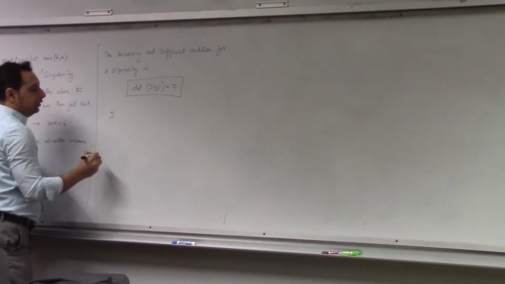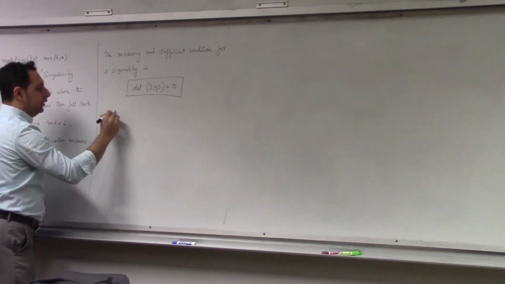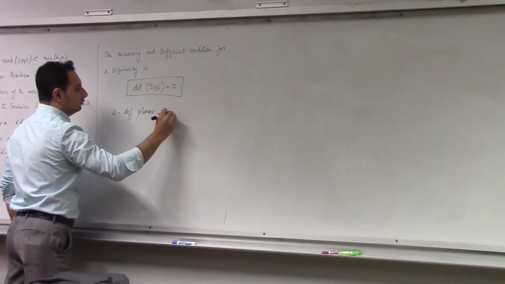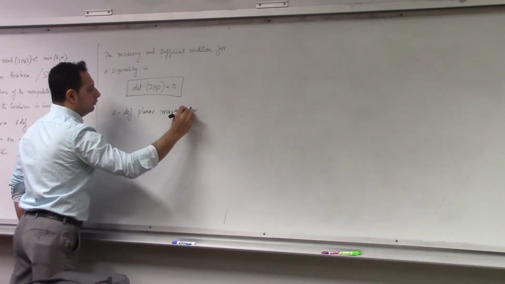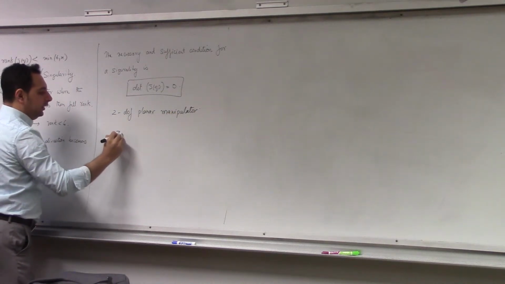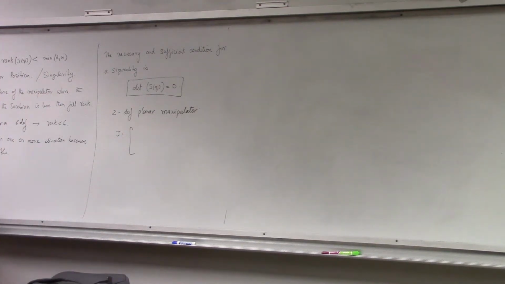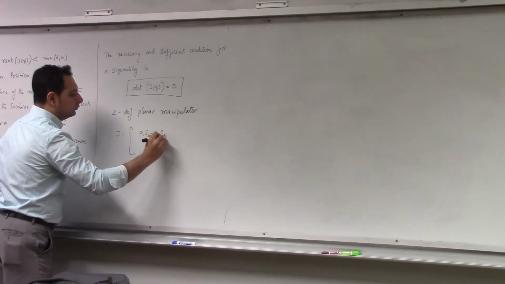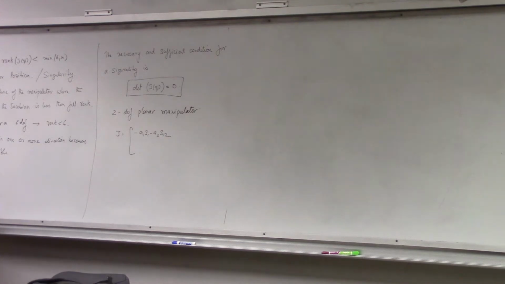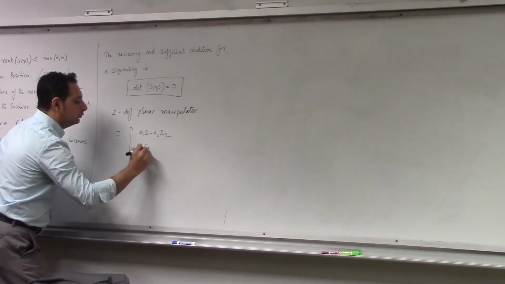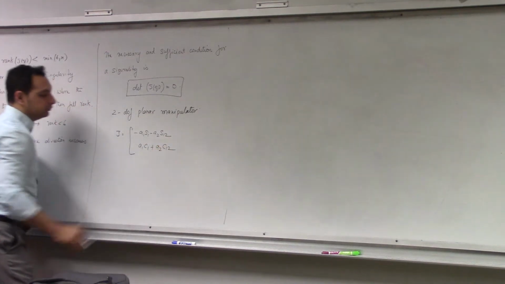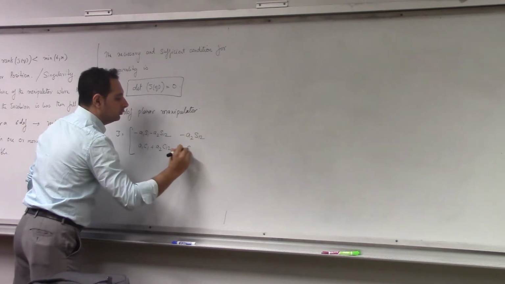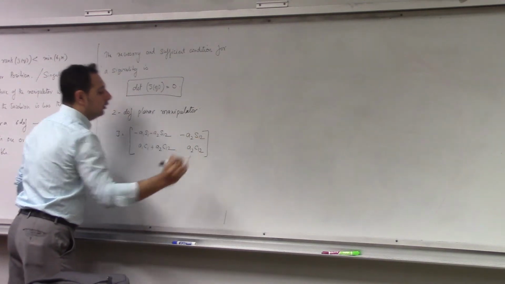Okay, so J for a 2 DOF, let's take a 2 degree of freedom planar manipulator. So here J will be equal to... Okay.